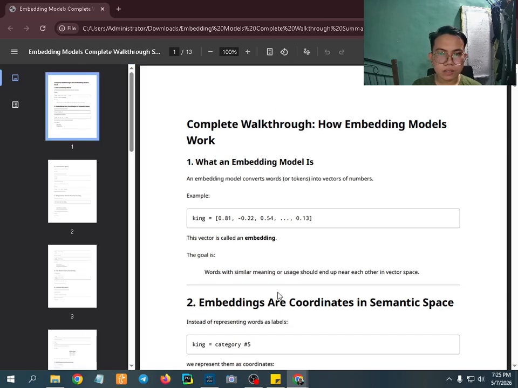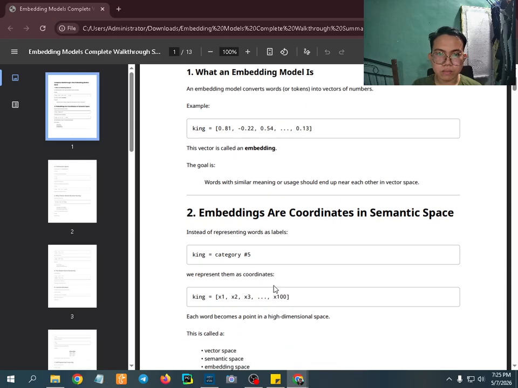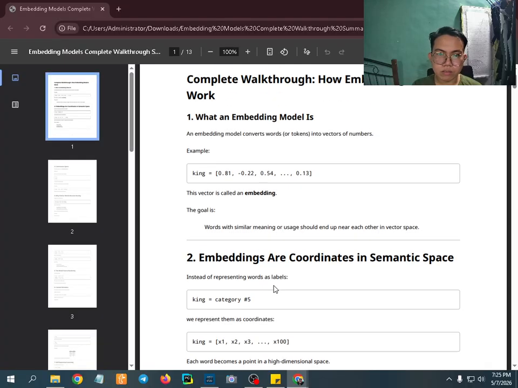So here are my notes on how embedding models work. We know that an embedding model converts words or tokens into vectors of numbers.